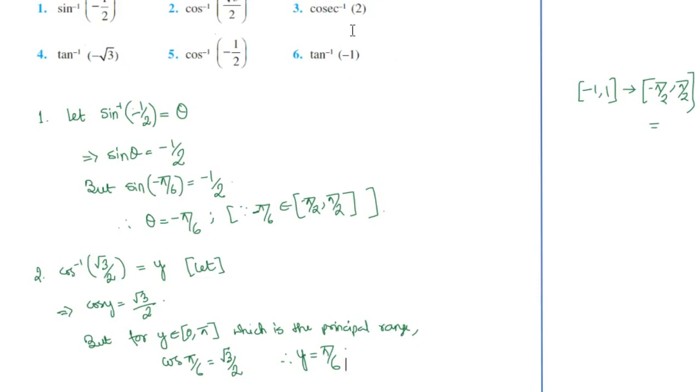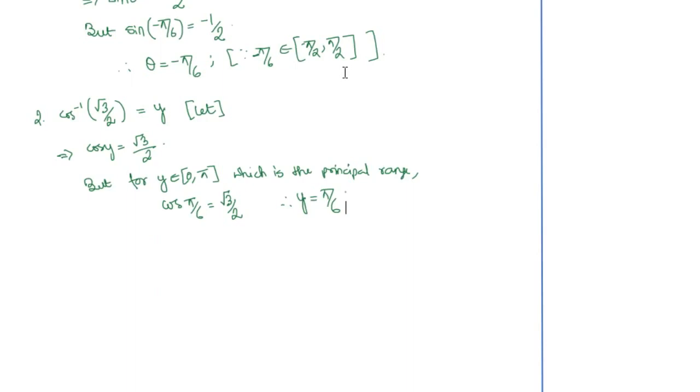Now coming to the third question, it is said to find cosec inverse 2. So once again we will be writing in the same way. Let cosec inverse 2 be theta.